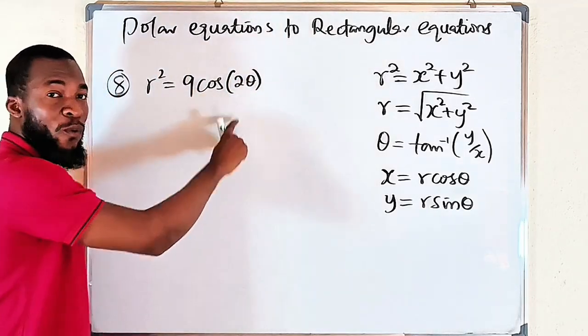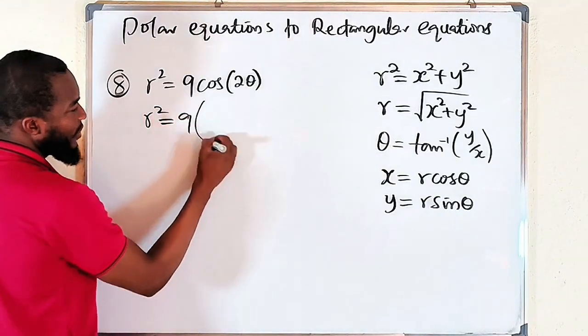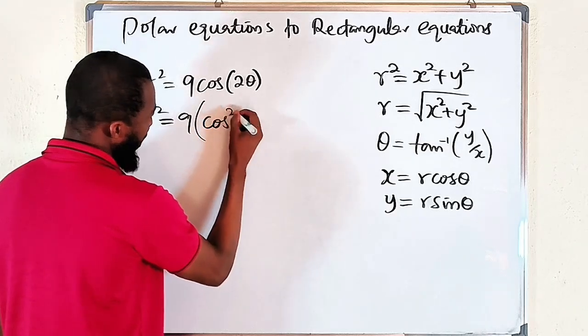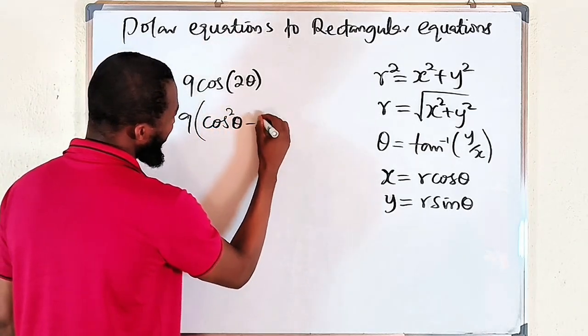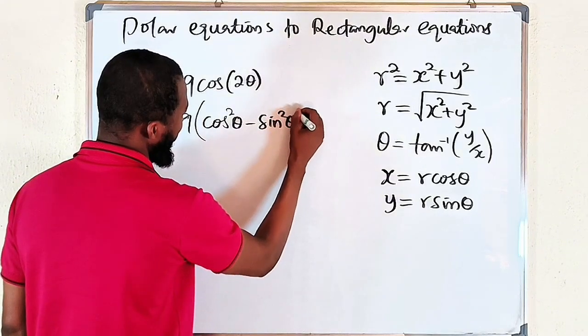This is the double angle for cosine. Let us break it down. This is r squared equal to 9 times. The double angle for cosine is cosine squared theta minus sine squared theta.